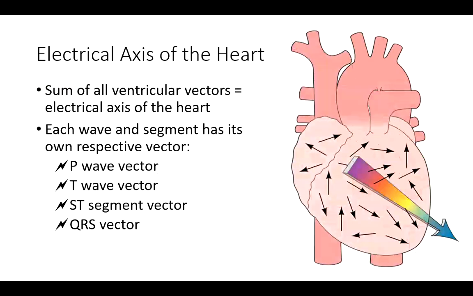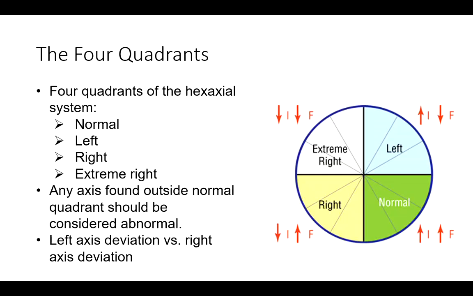Now, the electrical axis of the heart typically occurs down at about 70 degrees. The sum of all the vectors generated by the myocardium gives us this electrical axis. If that electrical axis swings to one side or the other, in other words, it doesn't stay down in this direction, this might give us some indication of some pathology.